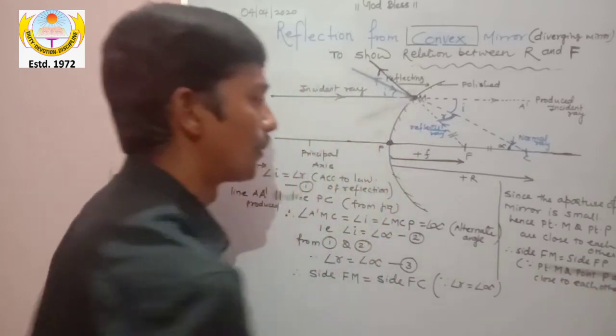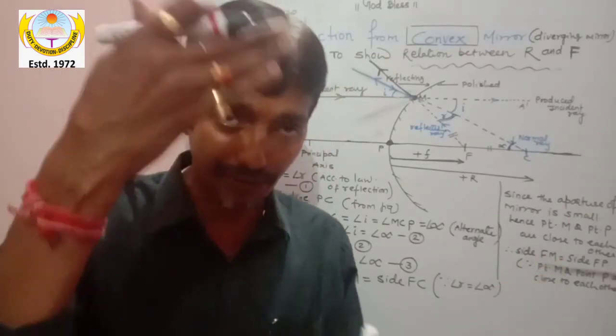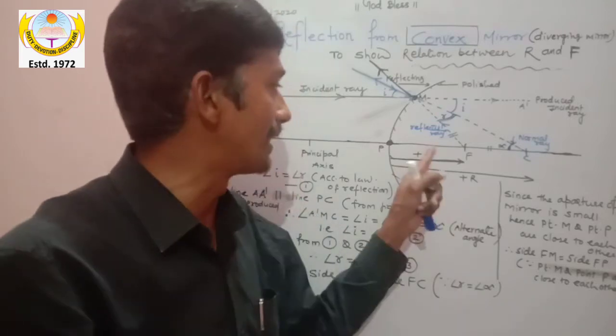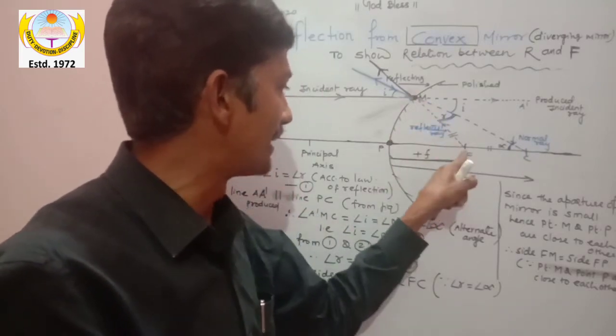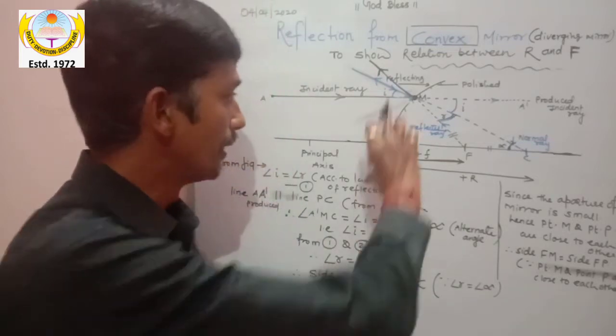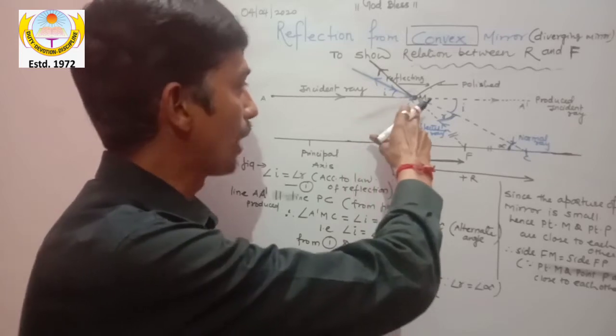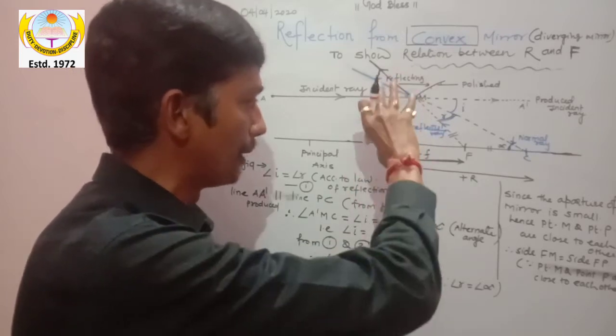In the exam you don't write the reason, that is all concept. But because you are studying, you should know why this side and this side are equal. Because the aperture of the mirror is very small, that is the assumption, so point M and point P will be close.